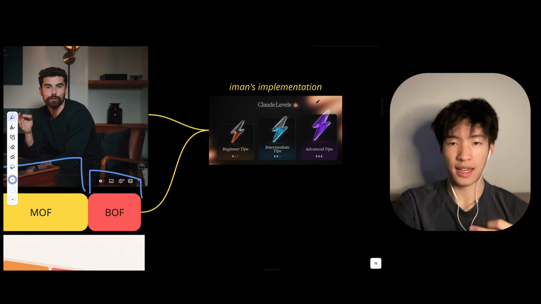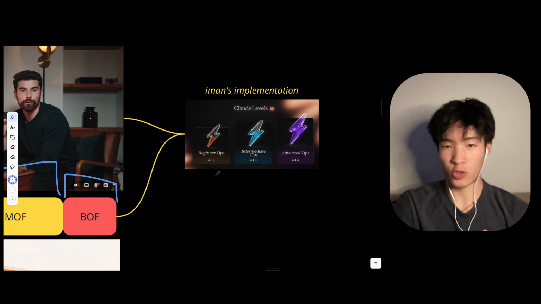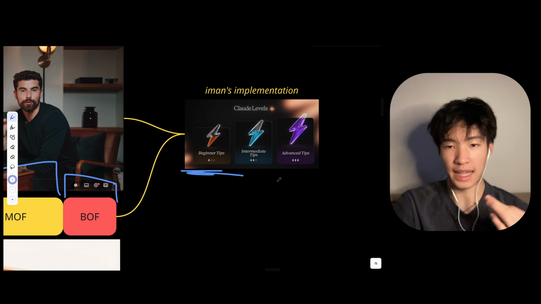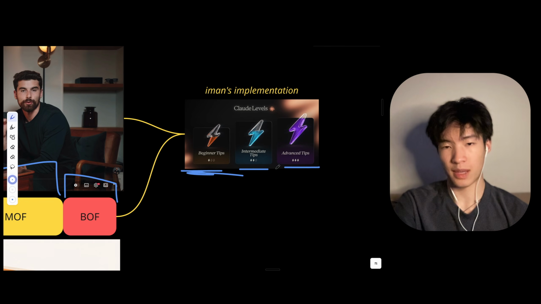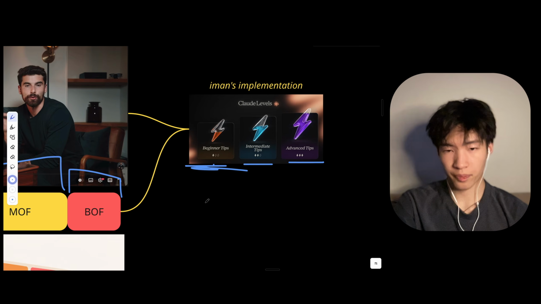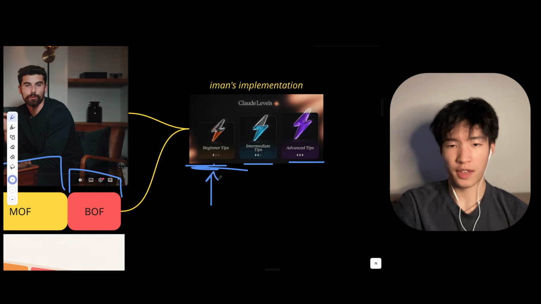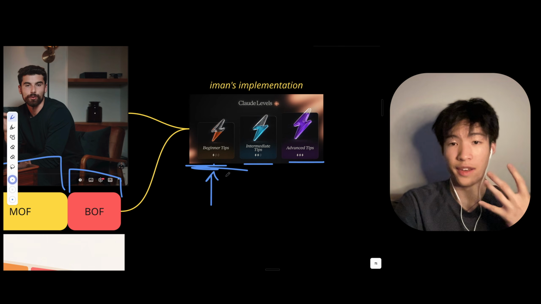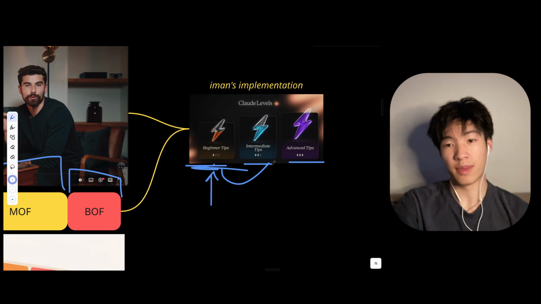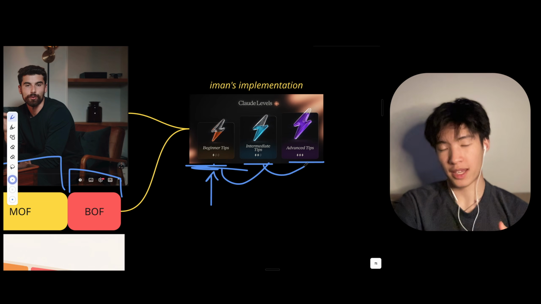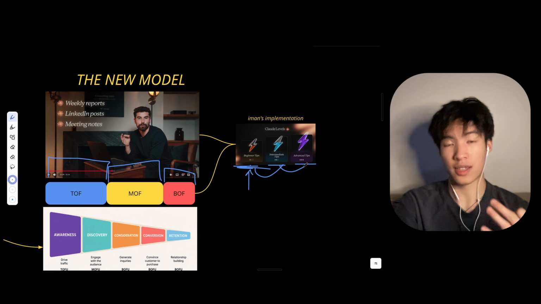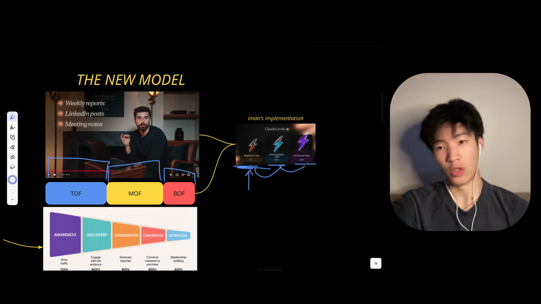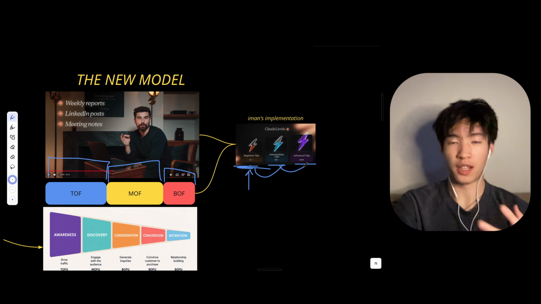And you can see that Iman's implementation works super well, where he splits the video in beginner tips, intermediate tips, and also advanced tips. And he spends most of the video on beginner tips, right? And then 33% on intermediate tips and 10% on advanced tips. And that's how he nurtures and converts his audience into like cult-like buyers.